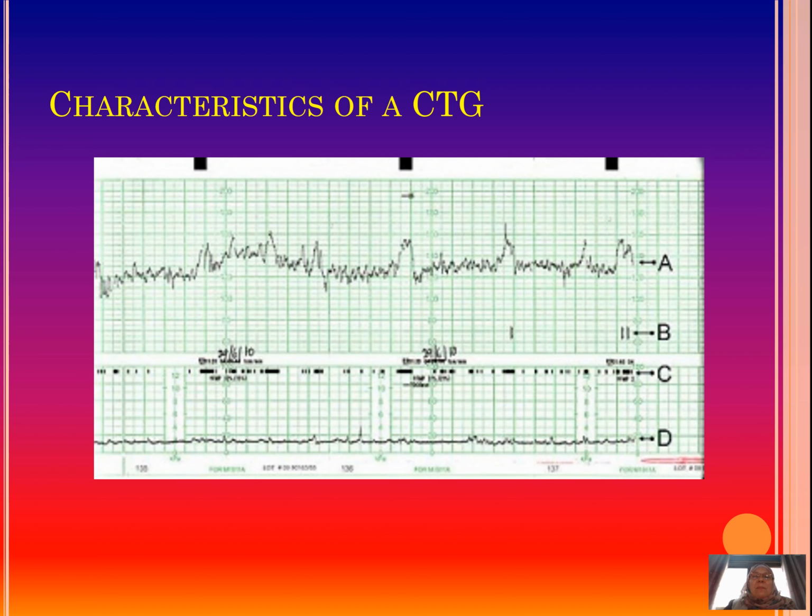So these also represent fetal movements, but these are those fetal movements that the patient felt herself. And finally, you find A, and A is the fetal heart pattern that the CTG documented for this baby.